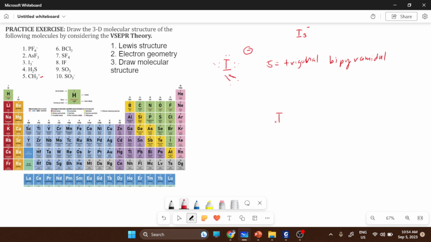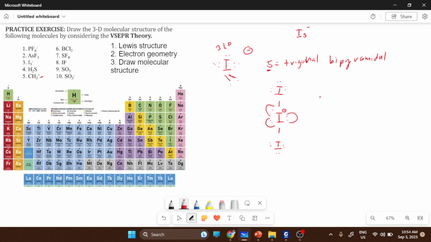So, we have I, and then I here, and then I here. Don't forget the electron pairs, the lone pairs. Negatively charged ito. Because it has 3 lone pairs. Tama? 3 lone pairs, 5 electron domains, then trigonal bipyramidal.